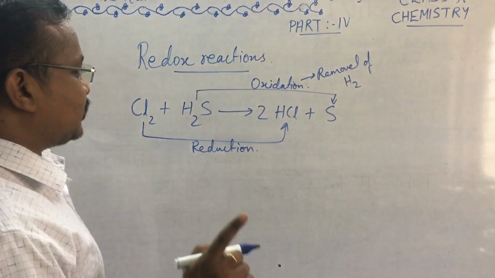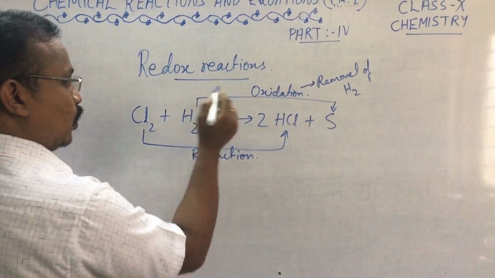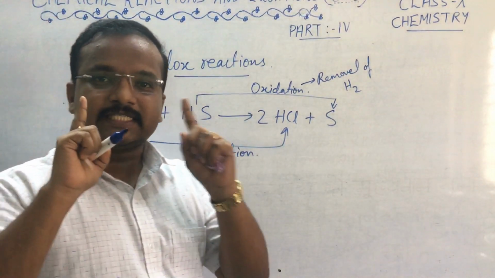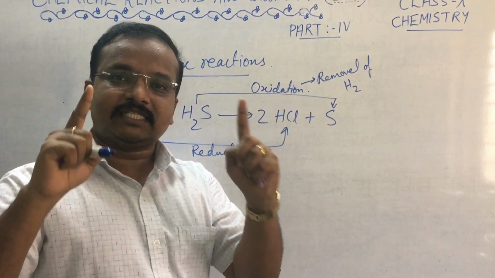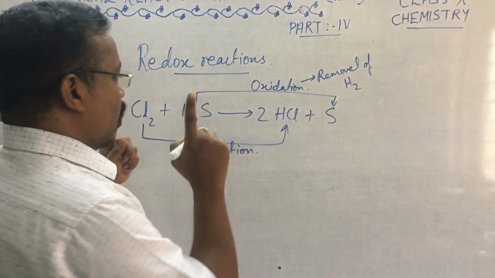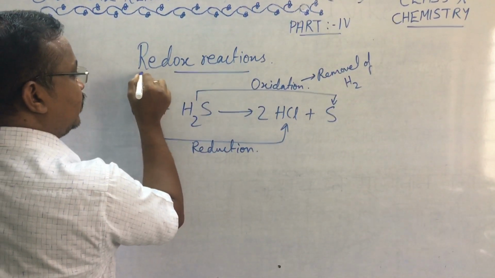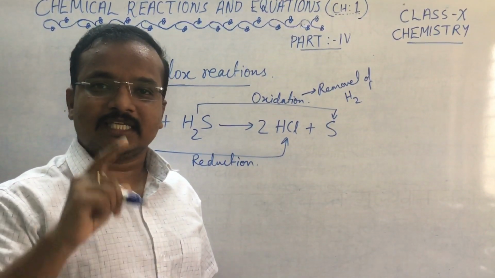So what you can understand here is, reactions in which oxidation as well as reduction take place simultaneously, meaning at the same time. If oxidation as well as reduction takes place simultaneously, we call it a redox reaction. What is it? Redox.